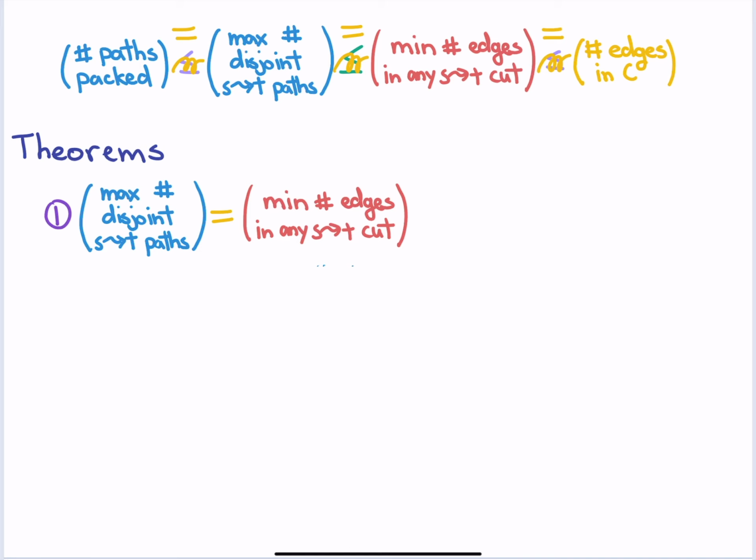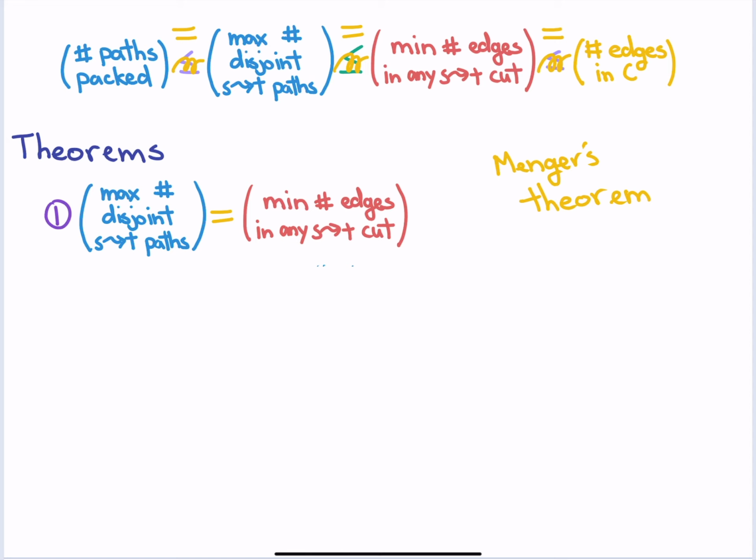This is sometimes called the max flow min cut theorem, but we haven't talked about flow yet. Another name for this theorem is Menger's theorem, who studied this 100 years ago. So Menger's theorem was known even before we were studying algorithms, just as a graph structure kind of thing, graph theory.